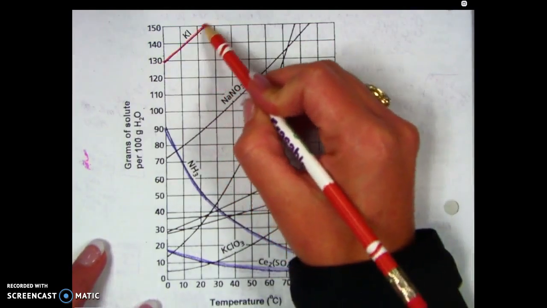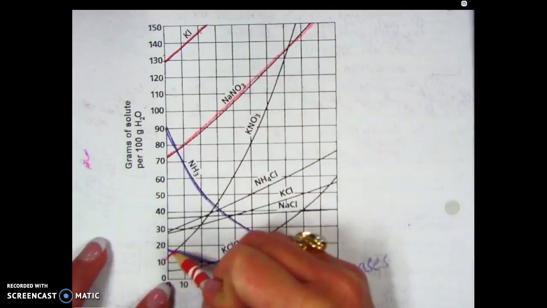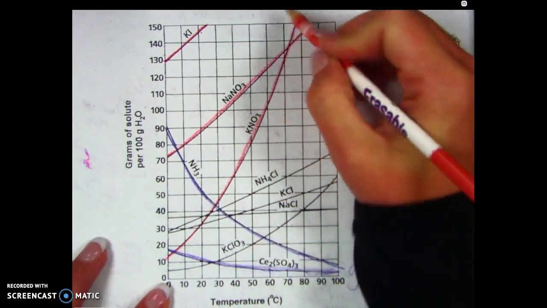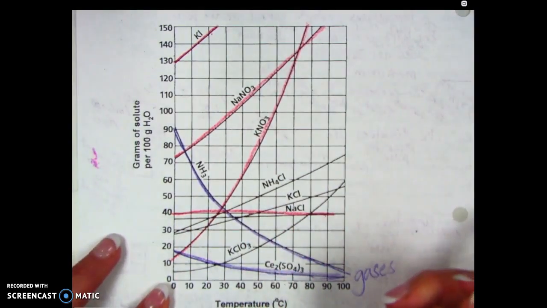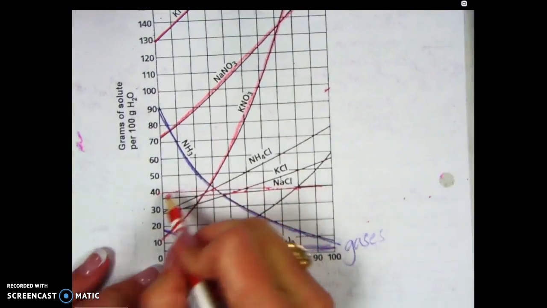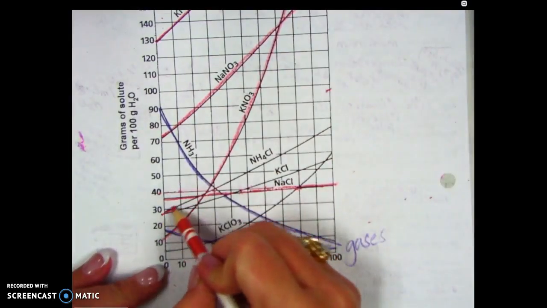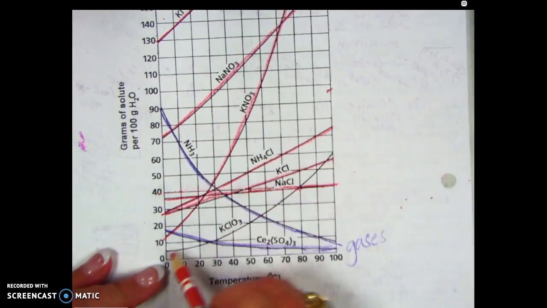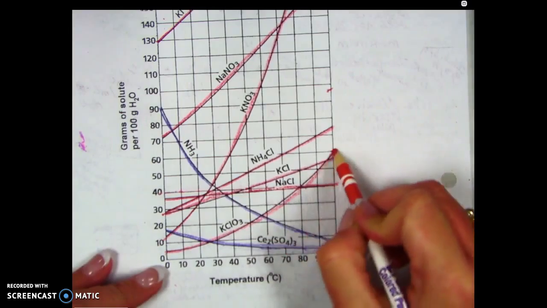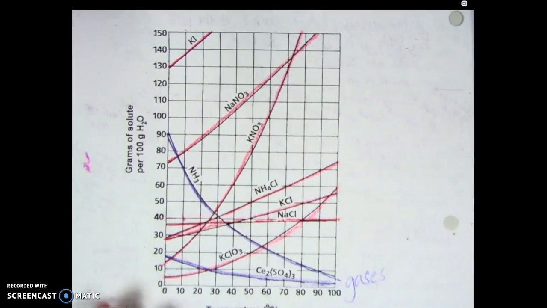Then we have potassium iodide, sodium nitrate, potassium nitrate, sodium, oops, did I get the line? That's the wrong line. Sodium chloride, ammonium chloride, potassium chloride, and potassium chlorate. Of course, there's many different types of solubility graphs depending on which substances you're looking at.